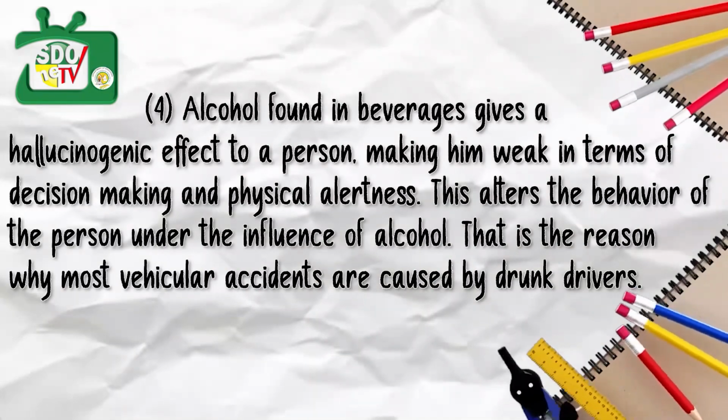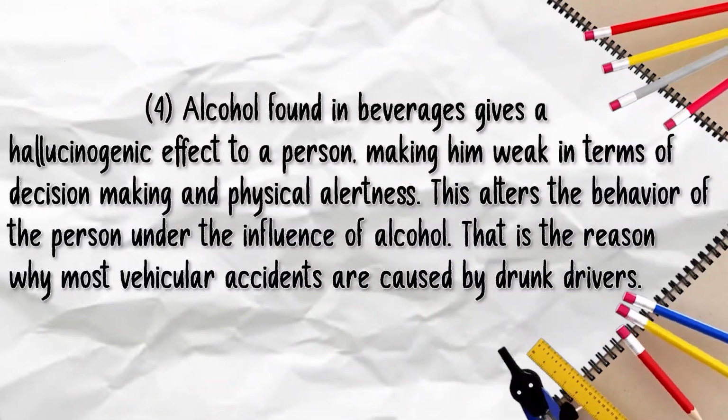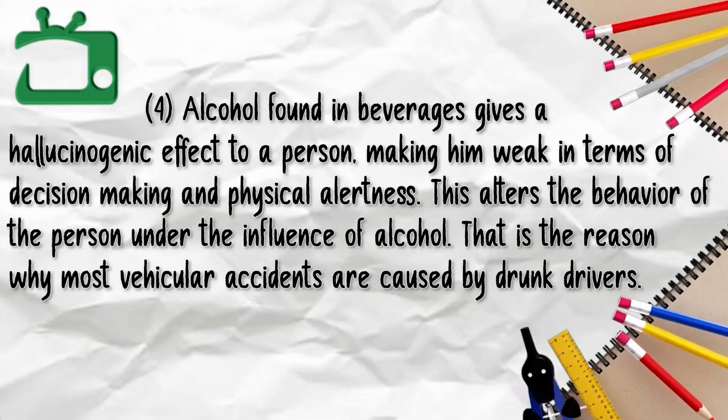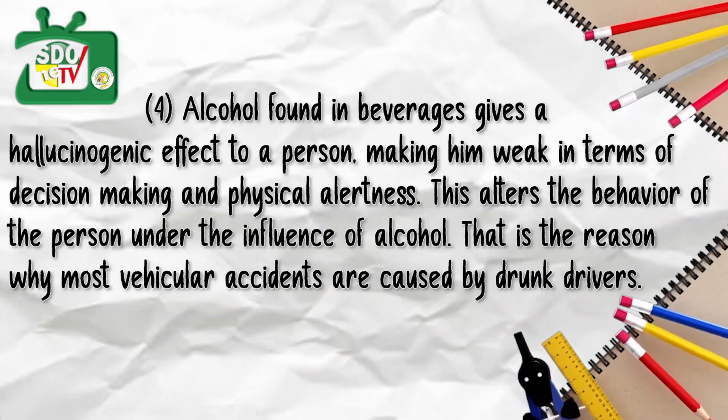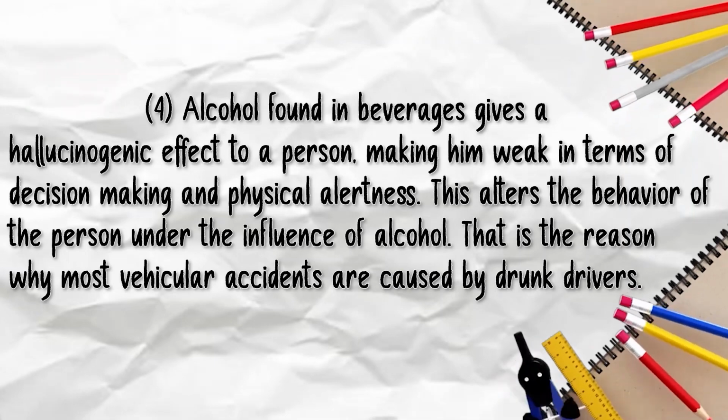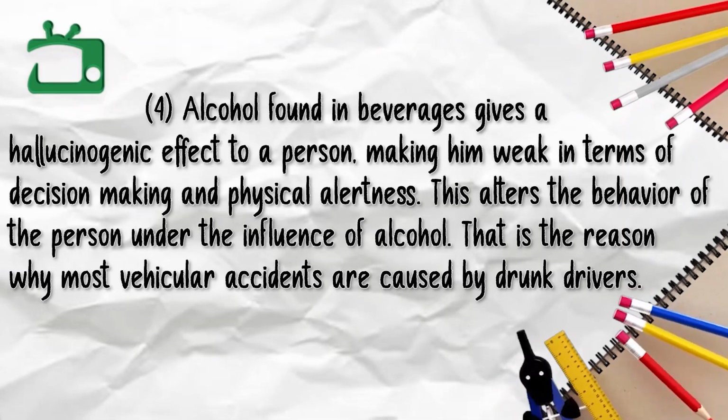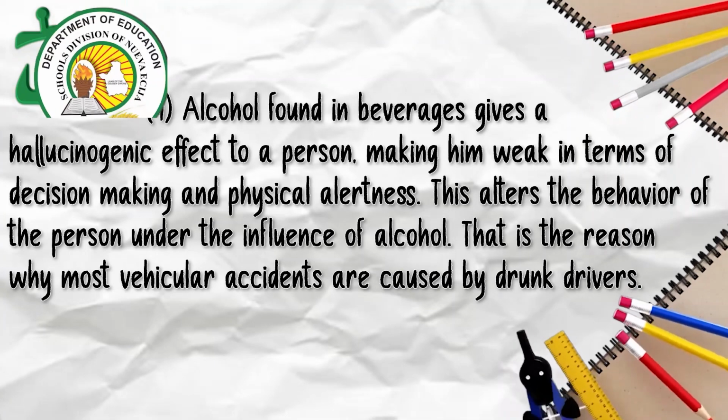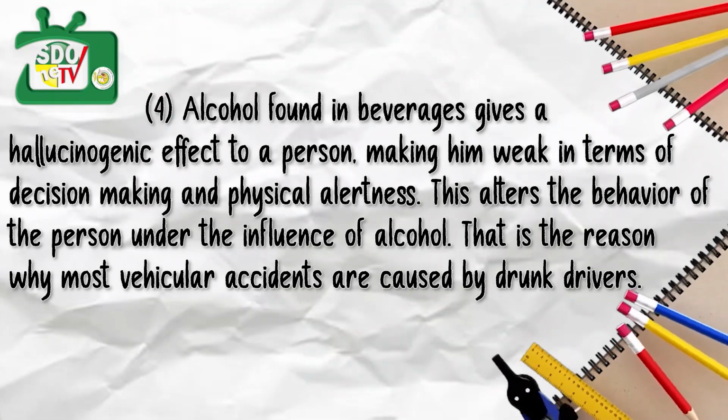Alcohol found in beverages gives a hallucinogenic effect to the person, making him weak in terms of decision-making and physical alertness. This alters the behavior of the person under the influence of alcohol. That is the reason why most vehicular accidents are caused by drunk drivers.